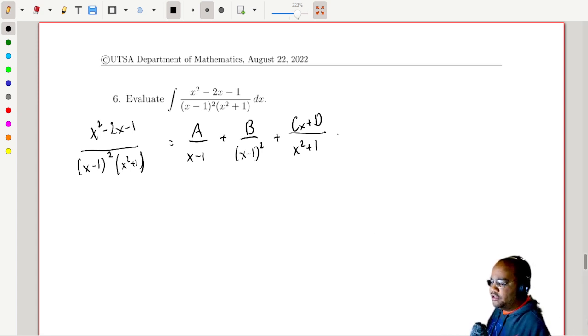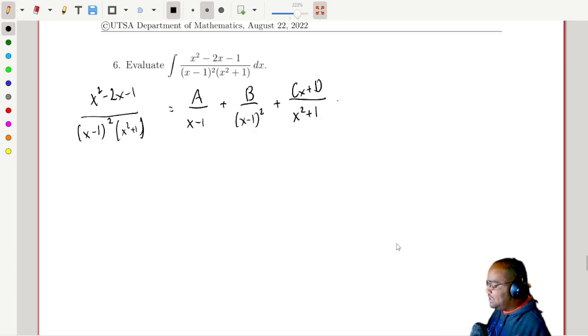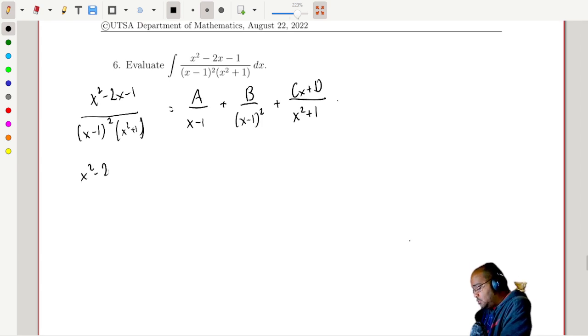So now we figure out what the weights A, B, C, and D need to be. Usual stuff, go ahead and multiply through. So x squared minus 2x minus 1 equals A times (x minus 1) times (x squared plus 1), plus B times (x squared plus 1), and now plus (Cx plus D) times (x minus 1)^2.